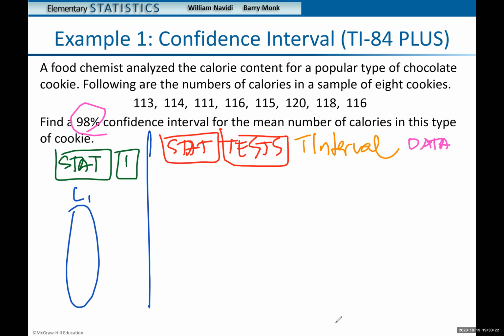And Lei already has an answer: 112.38 and 118.37. Did you get the same answer?